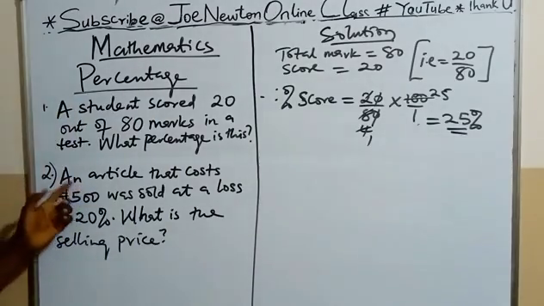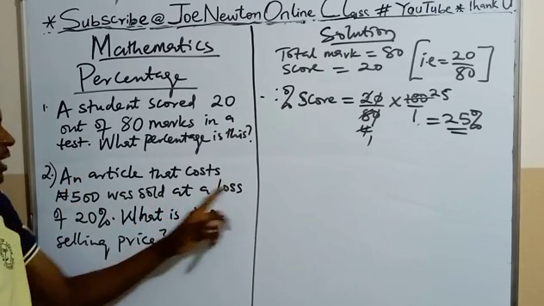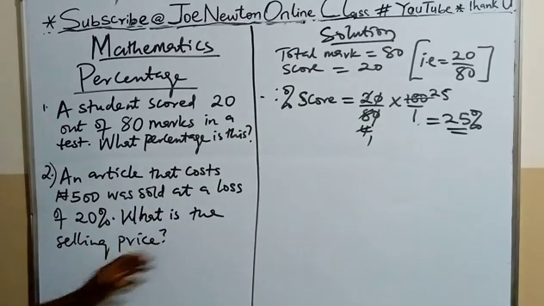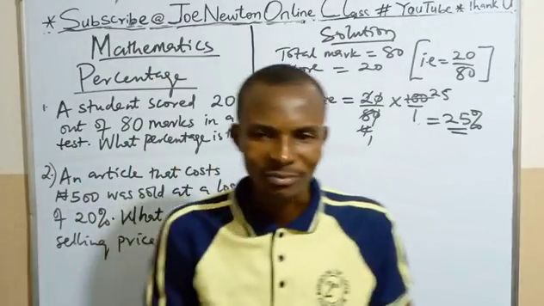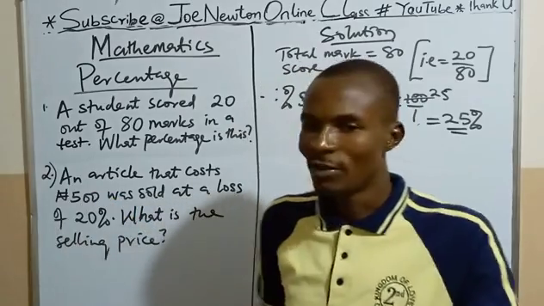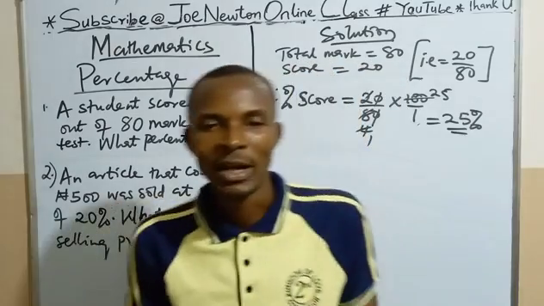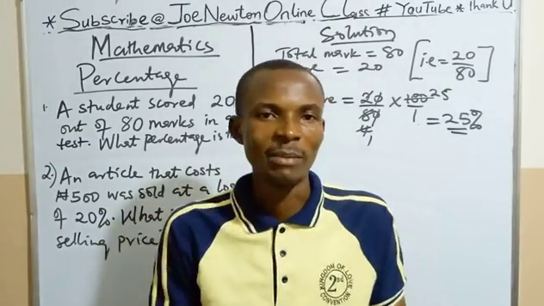Number 2 says an article that costs 500 naira was sold at a loss of 20%. What is the selling price? Now, we are told the cost price. We are given information about the percentage loss. So we are not told the actual amount it was sold, and that's what the question is demanding, the selling price.